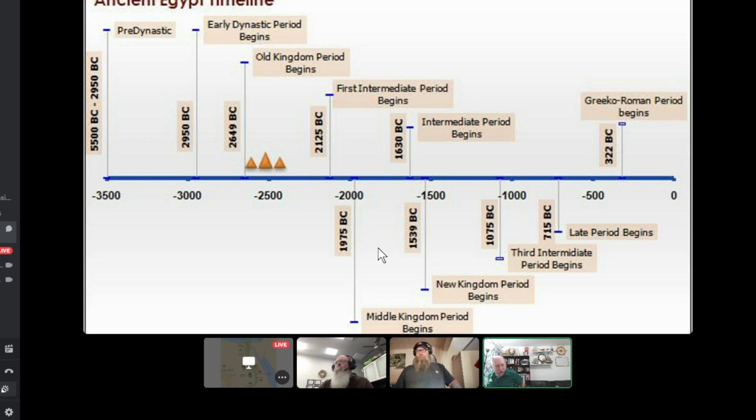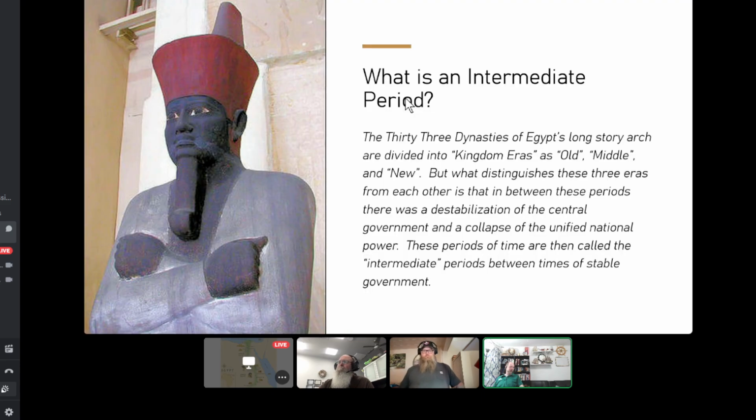Okay, so why do we have these time periods called the Intermediate Kingdom or intermediate periods? There are 33 dynasties of Egypt's long story arc, and they are divided into kingdom eras as Old, Middle, and New. And then after that, the Ptolemaic period and the Greco Roman period.